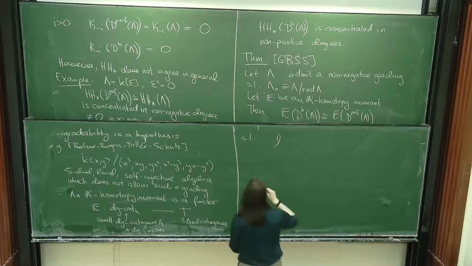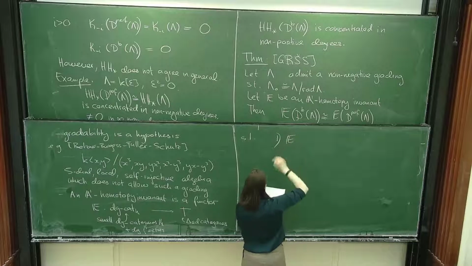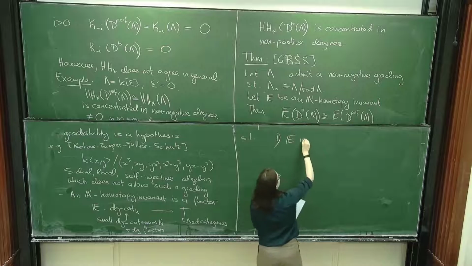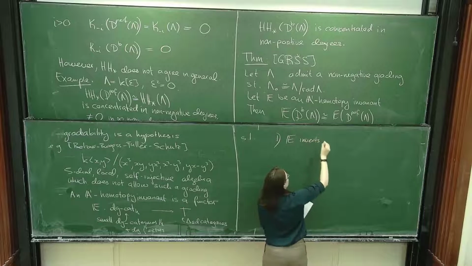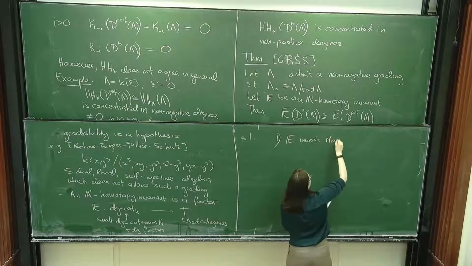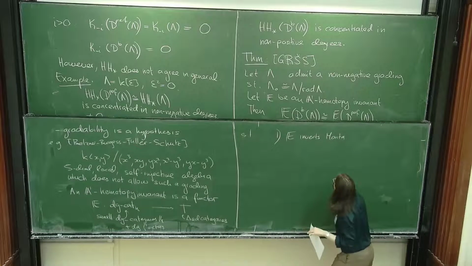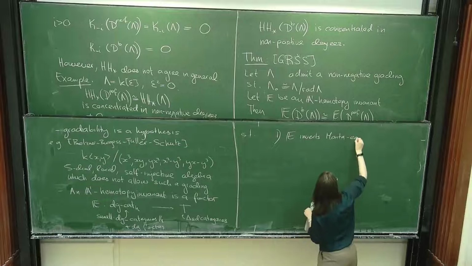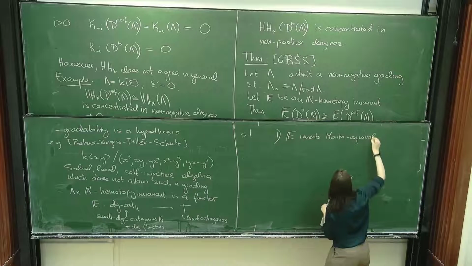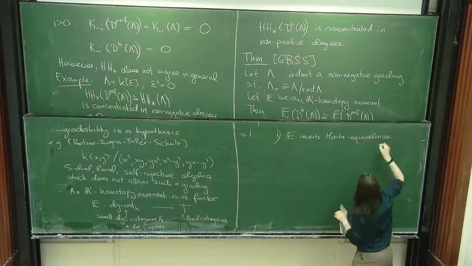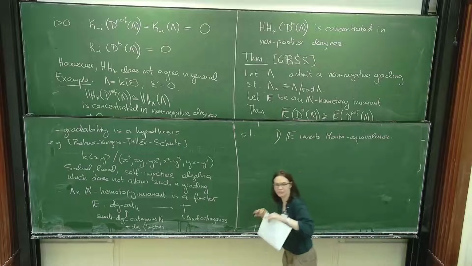Alright, so first, E inverts Morita equivalences. It takes a Morita equivalence and sends it to an isomorphism.